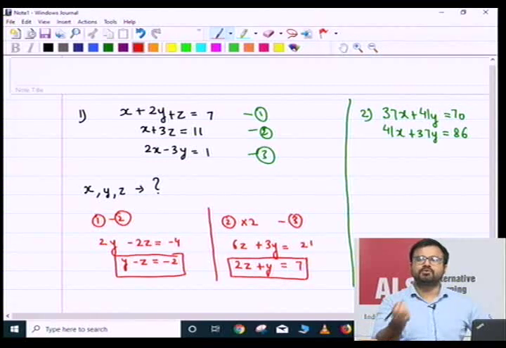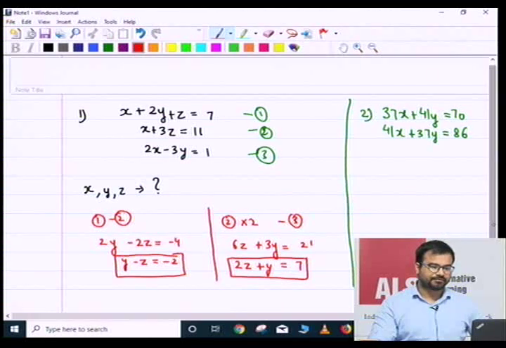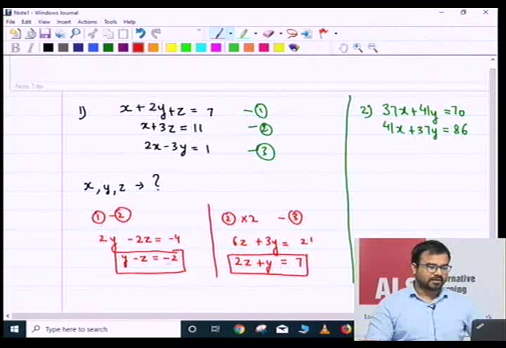Now you can solve both equations to find y and z. Let's say this is our equation 4 and this is our equation 5.